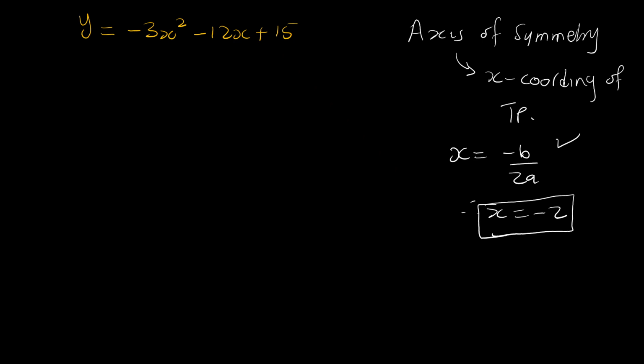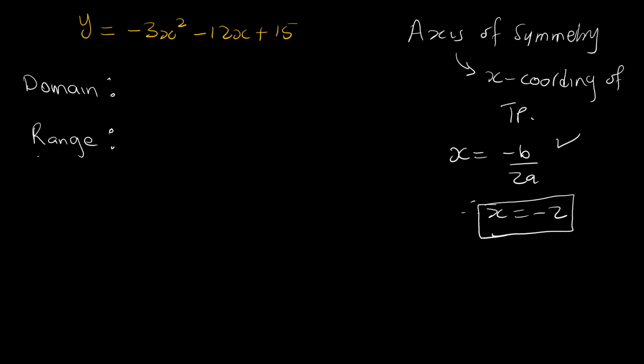So on this graph, what will be the domain and what will be the range? We need to find the domain and the range. Okay, so the domain, first thing first, you check. Let's start with the range.